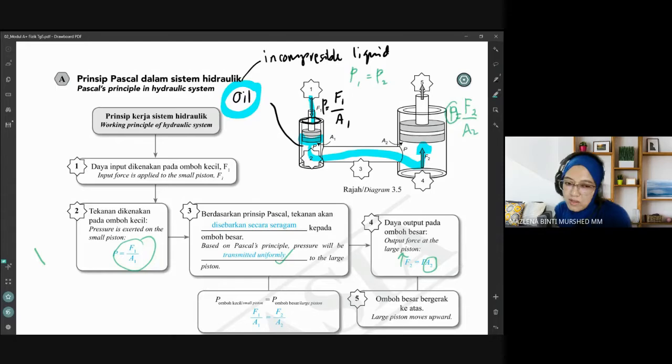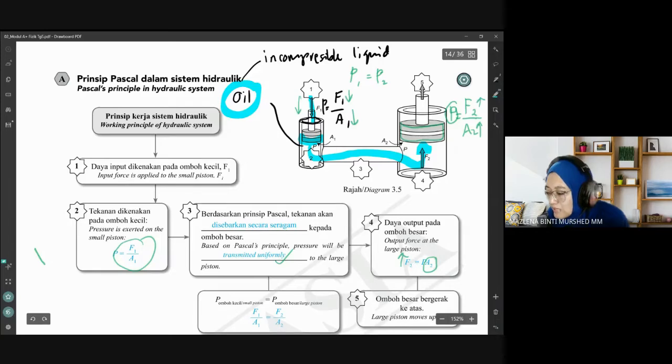So we can conclude here that a small force is given at piston 1, and the area of piston 1 is so small, and the pressure transmitted is equal to piston 2, so the cross-sectional area of the piston is large and it can produce larger force.